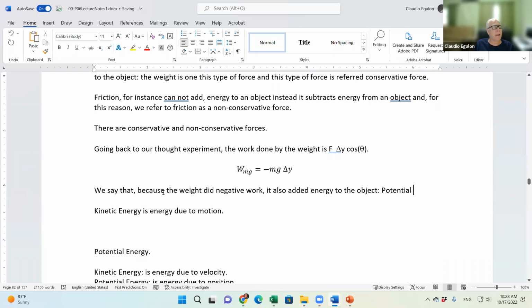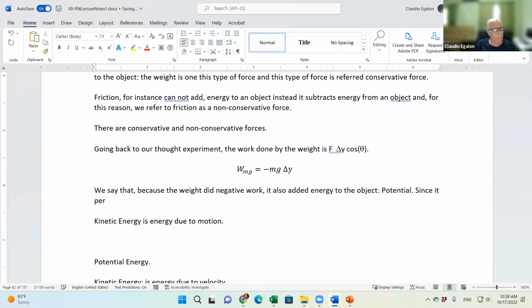Since it performed the above work, the weight added minus the work done by mg, which is mg delta y.